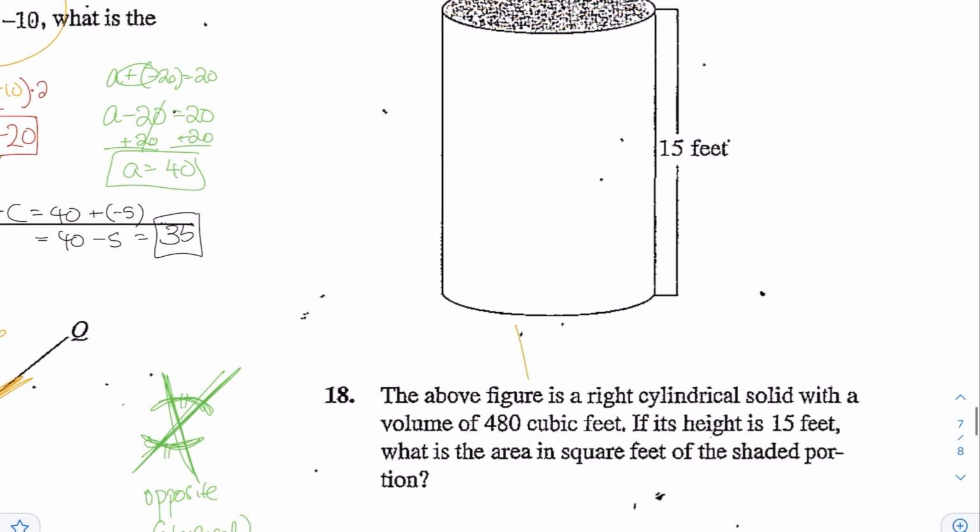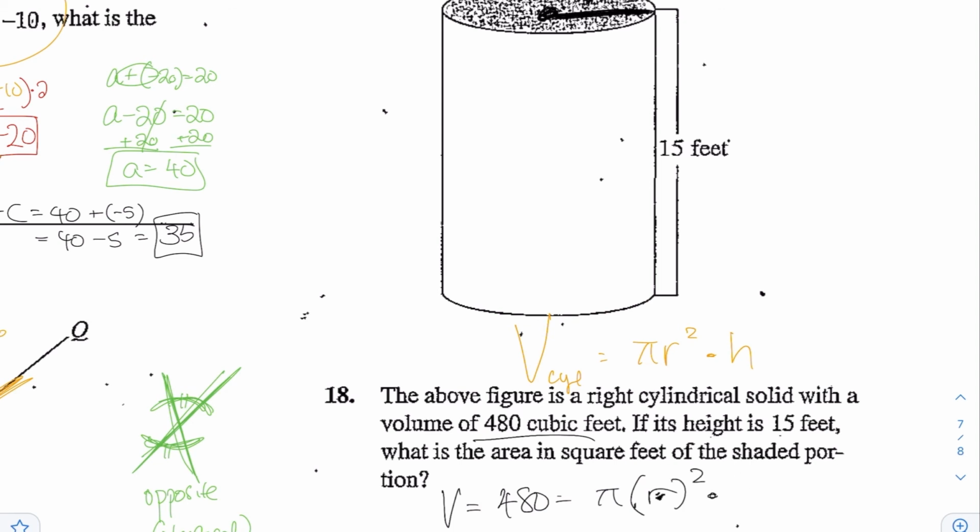So the volume of a cylinder is pi r squared times the height. And we have to get the radius, which is going to be some radius r. So you know that the volume is 480 cubic feet, which is equal to pi times the radius r squared times h.